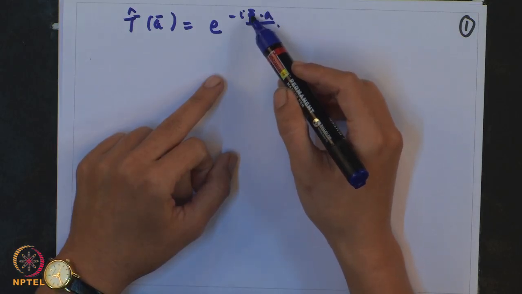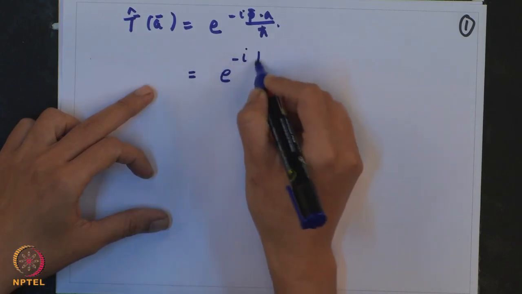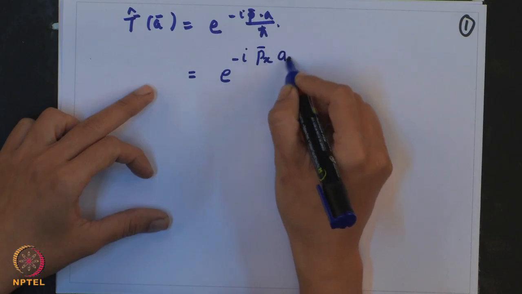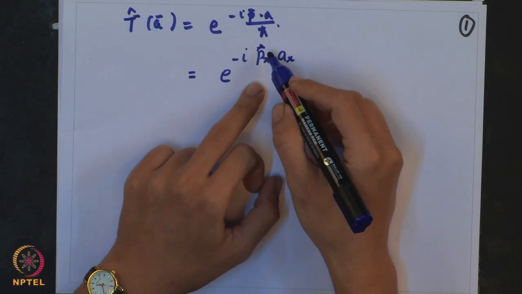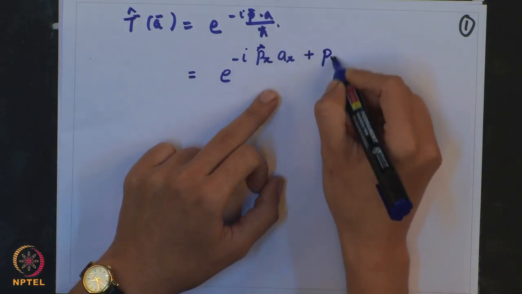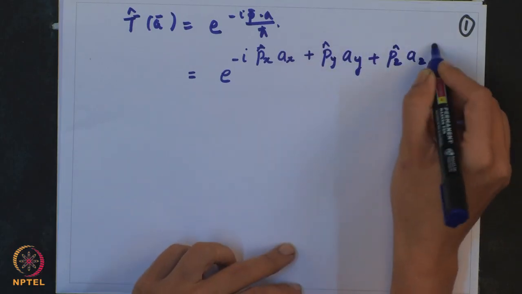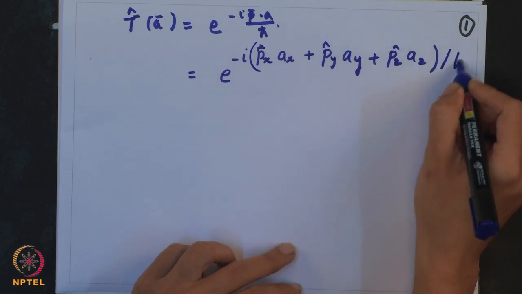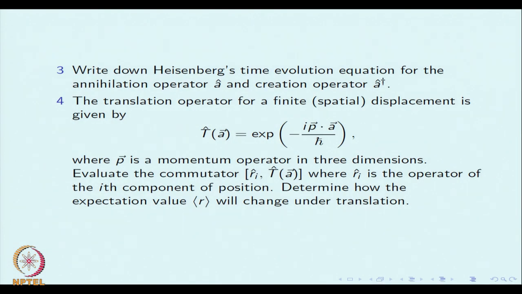So, we can write this as e raised to minus i (P_x A_x + P_y A_y + P_z A_z) upon h cross, where A_x, A_y, A_z are fixed positions. We are given that P is a momentum operator in 3 dimensions and R_i is a position operator in a certain direction.